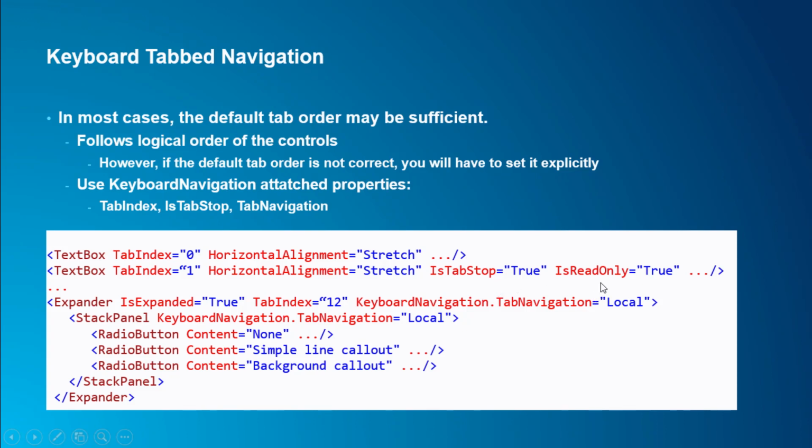In this case, I've got a read-only text box that I want to be tabbed, so I say is tab stop equal true. Last but not least is tab navigation, and it controls the tabbing behavior of child controls when you have a container. I'll show you an example of how to use that shortly. But these are the main three.